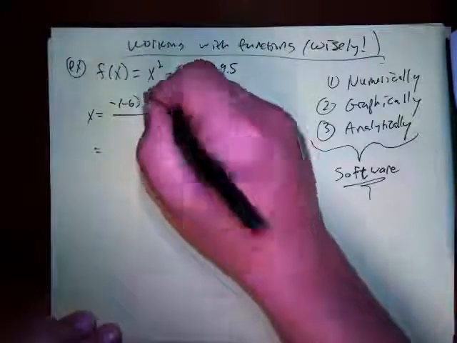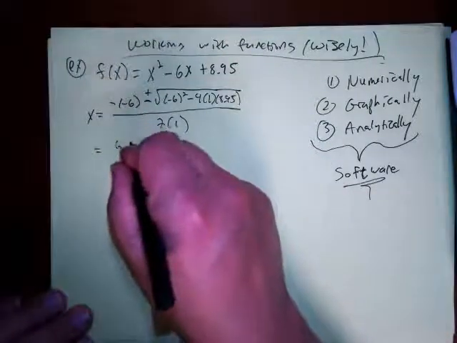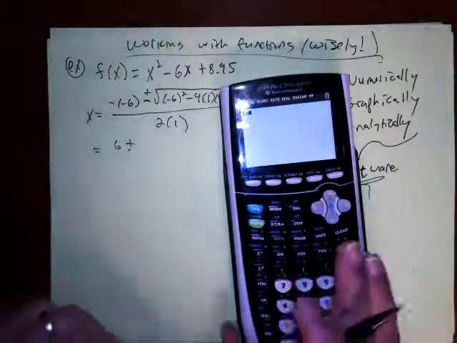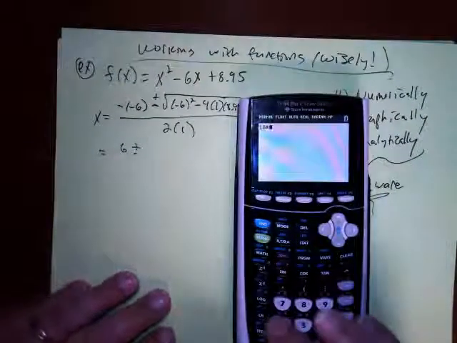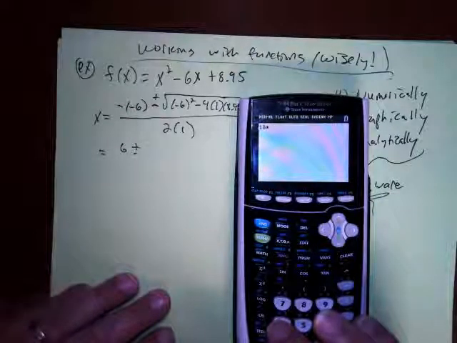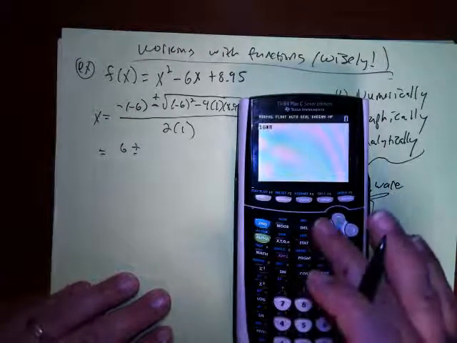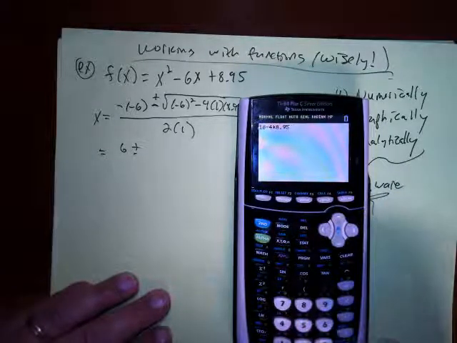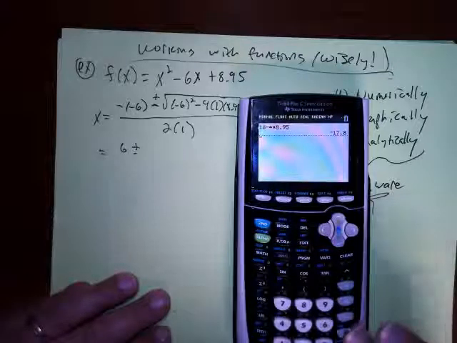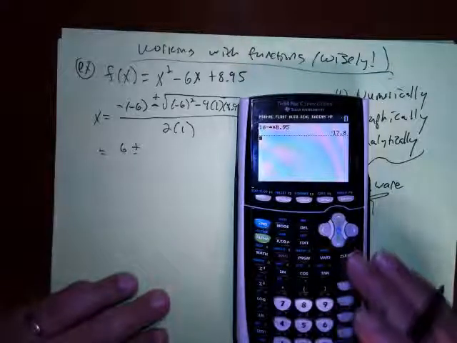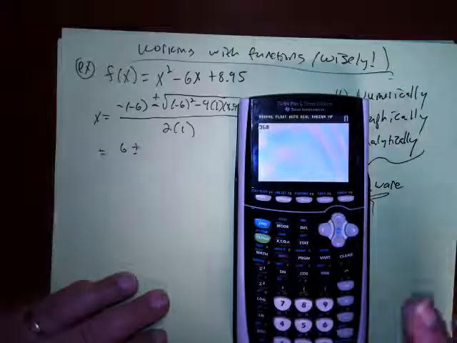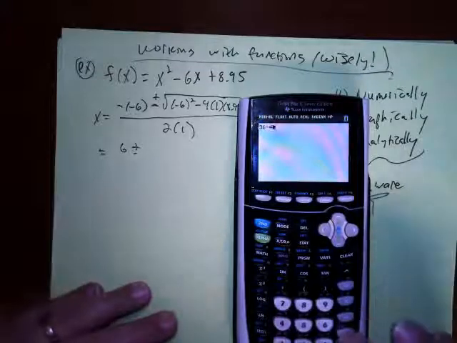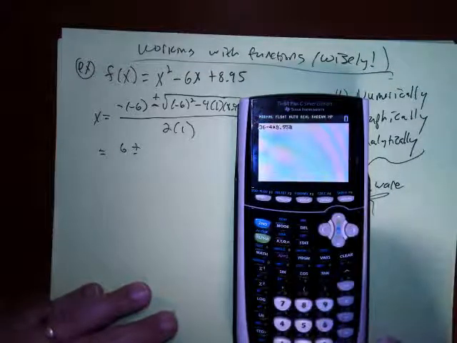And so this would be 6 plus or minus, and this would be like 18, or 18 minus 4 times 8.95. Oops, 6 squared, I'm sorry, 36. I'm not sure why I said 18. 36 minus 4 times 8.95.